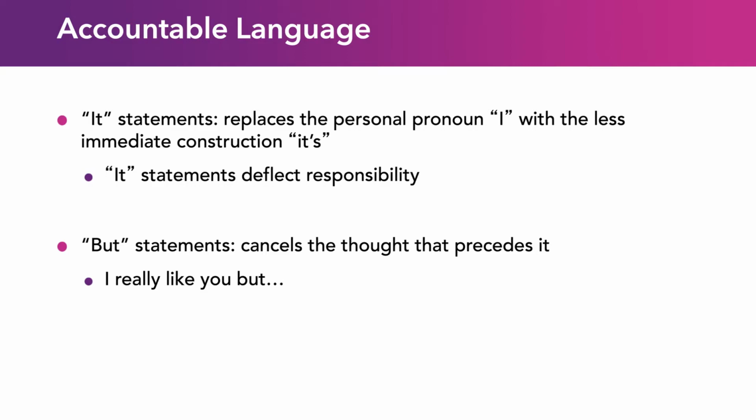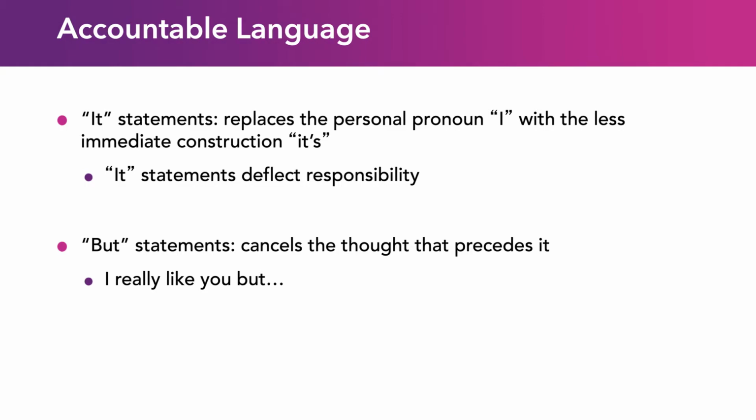Choosing the right language and using language of responsibility can really shape the tone or the communication climate, which we will talk about. The very last chapter is about climate. Okay. Sometimes people make an it statement rather than saying I. They use it to remove themselves a little bit from the situation, and they deflect responsibility.